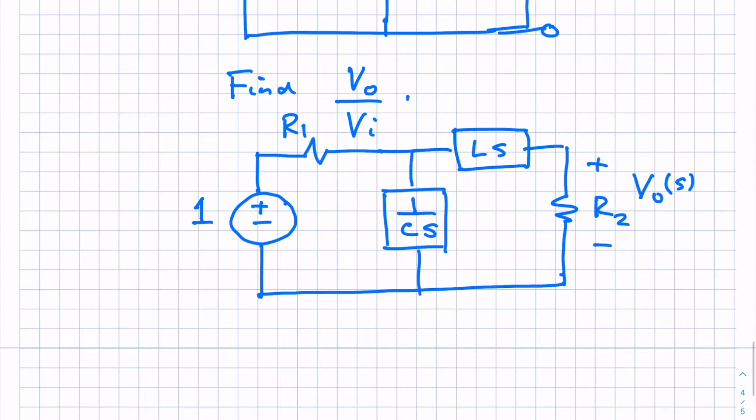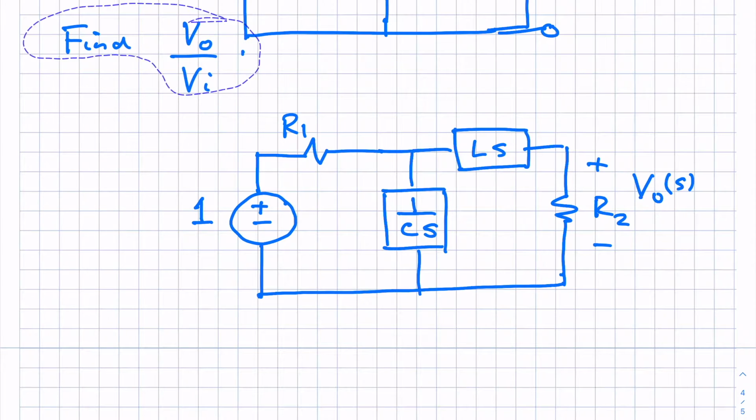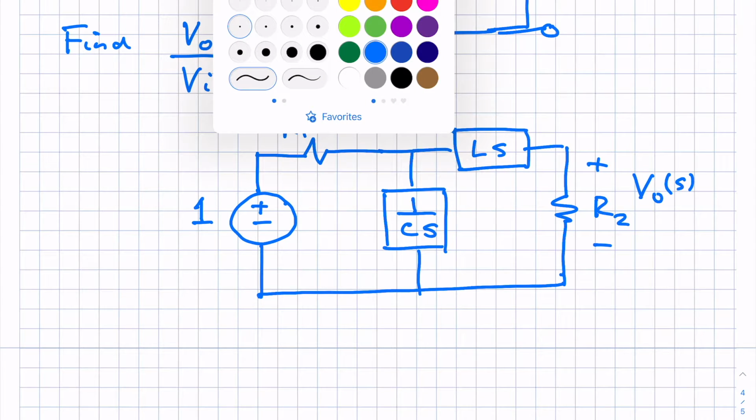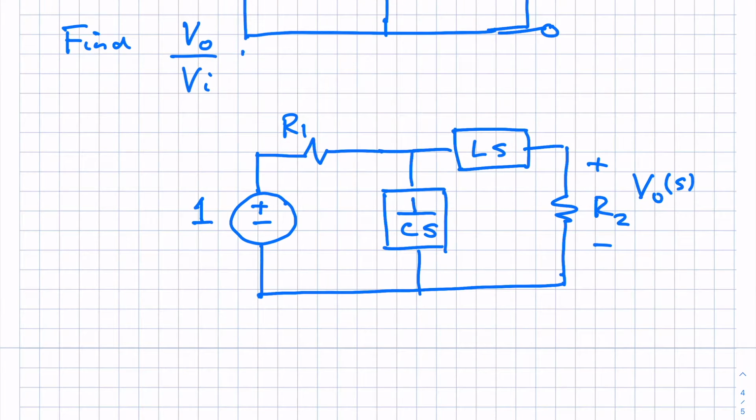Our task here is to analyze this circuit using circuit analysis techniques that you learned in a different class. One quick way to do this is with node voltage, and I'm going to remind you of how to do that. With node voltage, you choose some reference point.